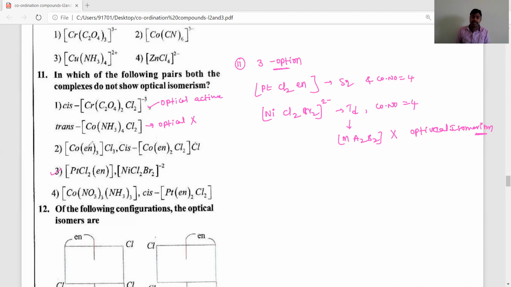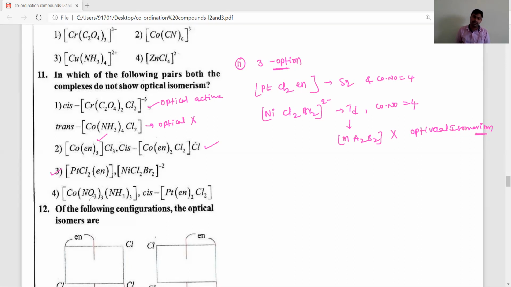The donor atoms are the same, so it shows optical isomerism. And cis-[M(en)2Cl2] also shows optical isomerism. But the question is which pairs both do not show optical isomerism, which means the third option.